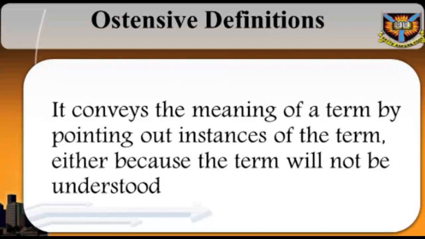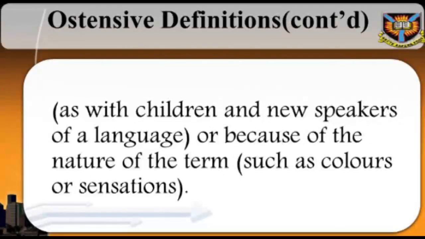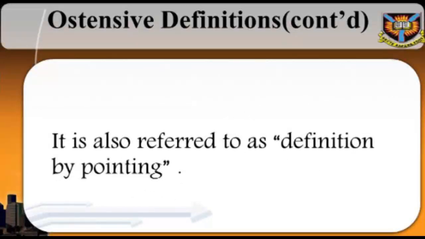Ostensive definitions. When a term is difficult to define verbally, speakers often resort to the use of ostensive definitions. An ostensive definition conveys the meaning of a term by pointing out instances of the term, either because the term will not be understood verbally, as with children and new speakers of a language, or because of the nature of the term, such as colors or sensations. It is also referred to as definition by pointing, because it is usually accompanied with gestures.